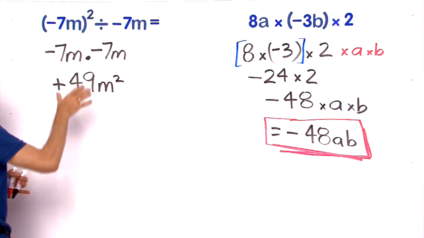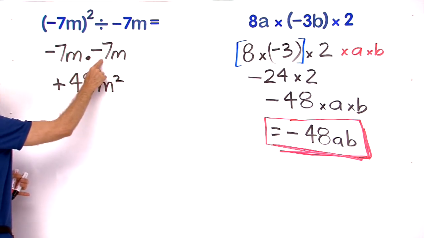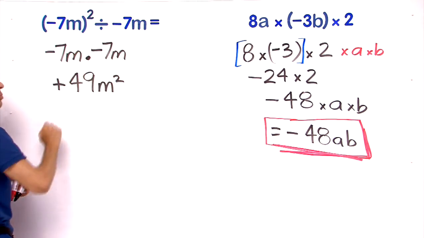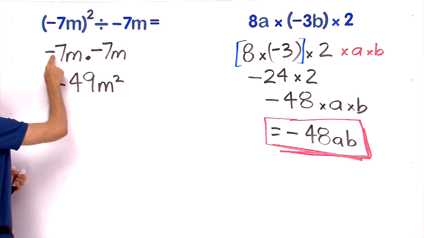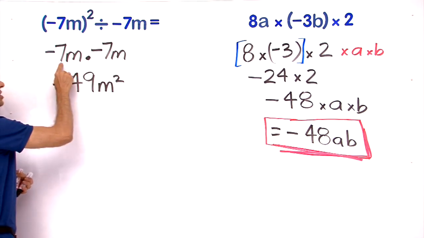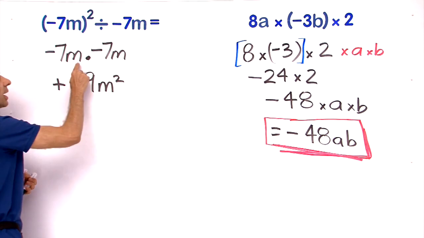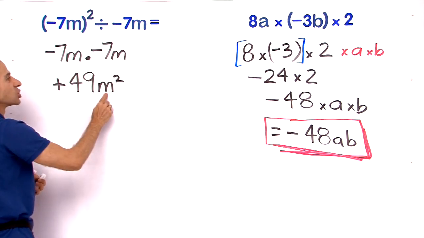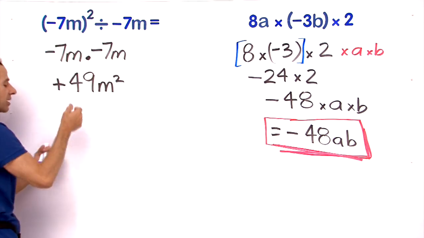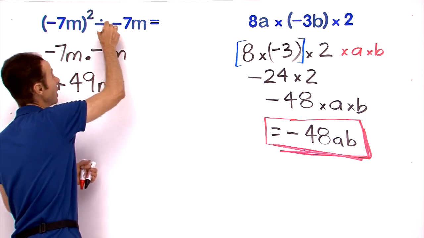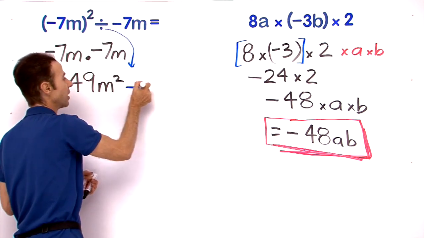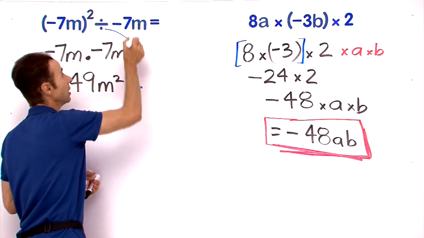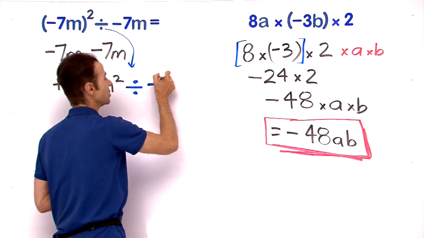So we worked with the negatives first, then the numbers, and then the m's. There are three components to work with. Negative times negative is a positive, 7 times 7 is 49, and m times m is m squared. So that's the left-hand side. Now let's put the divide down. Let's drag this down here. So it's divided by, again, negative 7m.